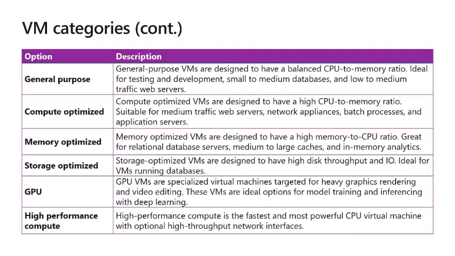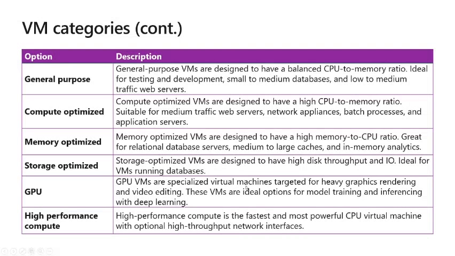Memory optimized VMs are designed to have a high memory to CPU ratio and are great for relational database servers and medium to large caches and in-memory analytics. Storage optimized has high disk throughput and input-output, ideal for VMs running databases.